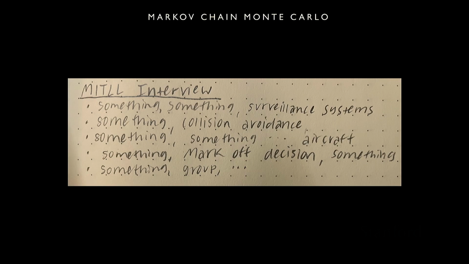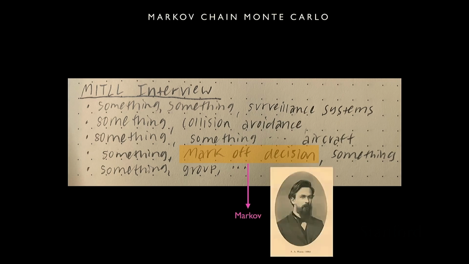It was something like, surveillance systems, collision avoidance, blah, blah, blah. But there was a very funny thing I saw in the notes, which was this. To be honest, I had never heard of Markov decision processes before that email. So that was my attempt to write Markov. I clearly had no idea what was going on. I later found out that Markov is actually a famous mathematician that lots of things are named after, and it was not, in fact, the words mark off.